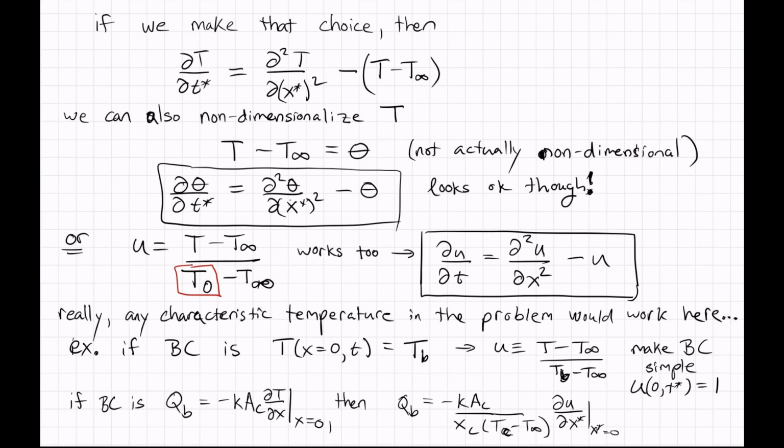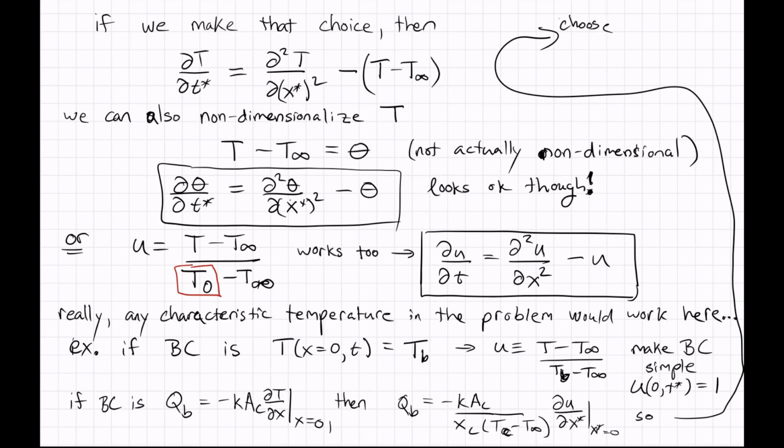In this case, there's a back half term that looks like du/dx star evaluated at x star equals 0, but then there's a prefactor. The objective is to make that prefactor go away and give you something that looks like du/dx star equal to 1. And that happens if you choose the difference between Tc and T infinity to be equal to, let's see, in this case, that would be kA c over xc times qb.